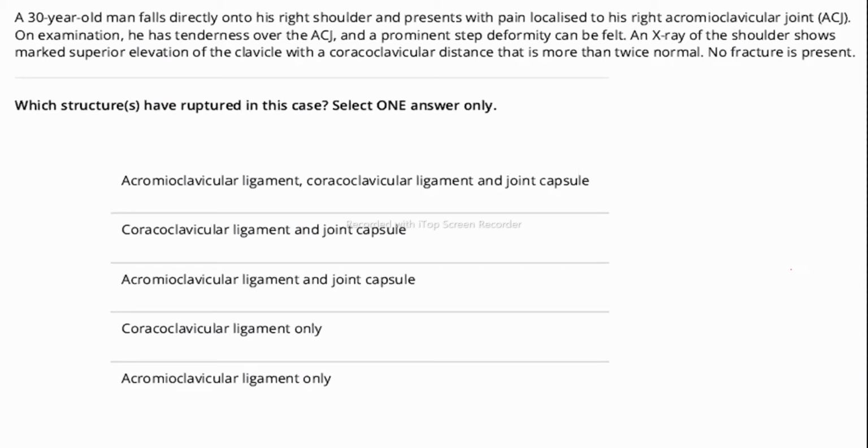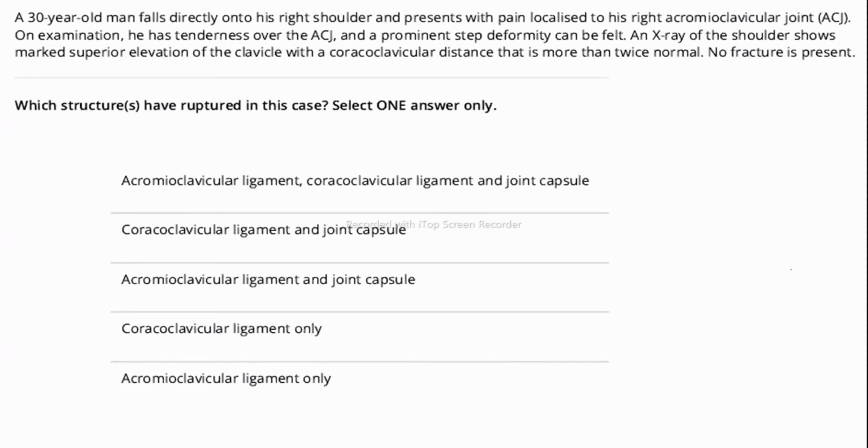Palpation and tests. Excellent. Palpation first for tenderness. After that, you will see whether the clavicle is elevated or behind. And after that, you will see the distance on X-ray later.